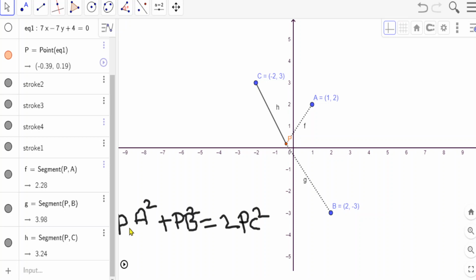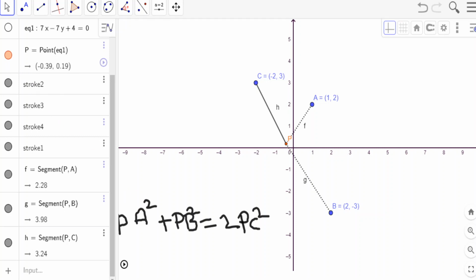Now it should satisfy PA square plus PB square is equal to 2 times PC square. Actually, PA we denote with F. What is F here? Segment PA is 2.28. Next PB we denote with G. What is G here? 3.98. Next, PC we denote with H. What is H here? 3.24. Okay friends.